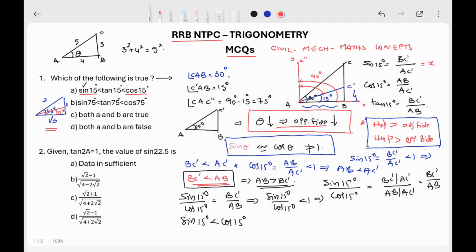Now, we have to see whether sin 15 is less than tan 15. This relation is already established. Now we have to see sin 15, whether it is less than tan 15 or not. Now you just see, what is sin 15? Sin 15 is BC dash by AC dash. What is tan 15?